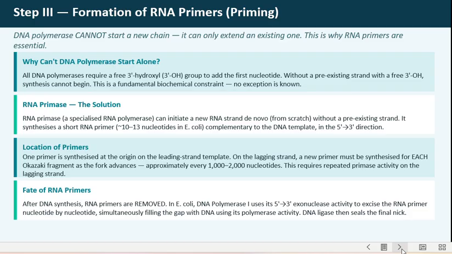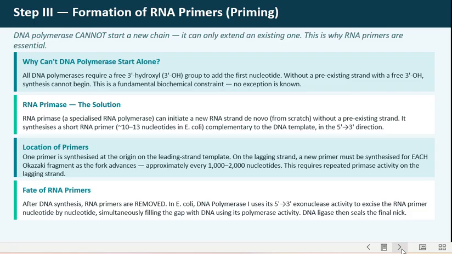So there is no DNA polymerase that can actually initiate synthesis from scratch, de novo, no. So this is an absolute biochemical rule. So no exception is known in any organism unless maybe someone will, in the near future, actually discover something. But even the ones, like I mentioned, we use in the lab, in the techniques and all, they still need primers.